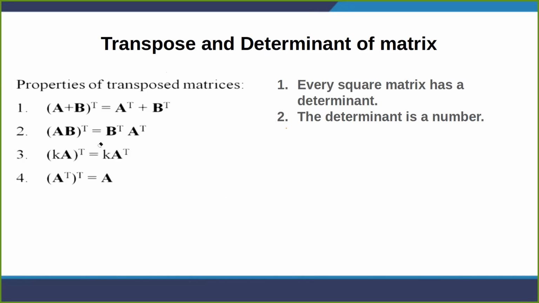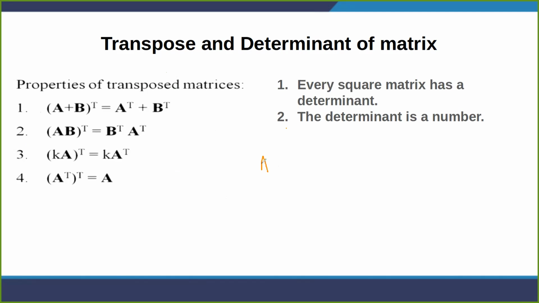So what is transpose? Transpose is kind of like a magic tool with matrices. You can do certain things with transpose and determinant, especially determinant. Transpose is also very useful. So I'll give you a plain example.